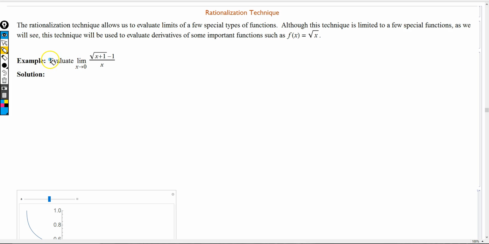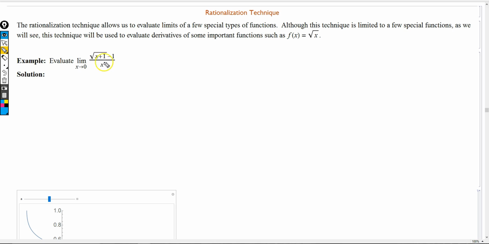We want to evaluate the limit as x approaches 0 of the square root of x plus 1 minus 1 divided by x. Now let's see what happens first if we plug 0 in for x. Let's see what we get.